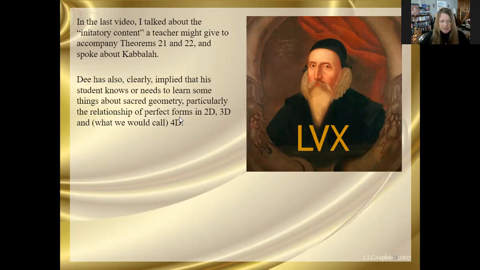Dee has also clearly implied that the student needs to learn things about sacred geometry, particularly the relationship of perfect forms in 2D, 3D, and, because of Theorem 20, what we would call 4D. What does that mean? Well, if this cubic space is in effect his private oratory, and if that cubic space is what we would now call a hypercube and it's rotating through its center, that creates an energy flow that people would now describe as a vortex.